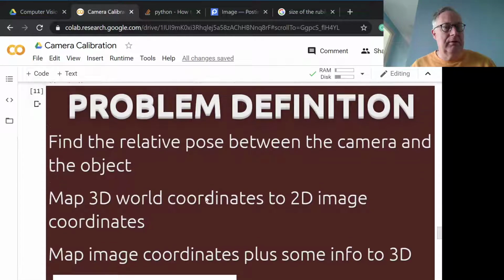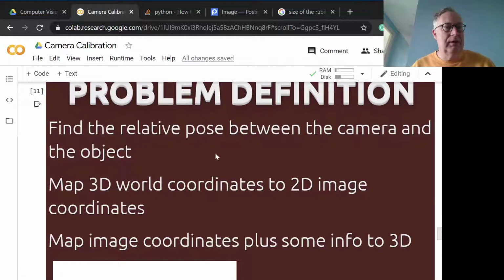The problem that we're trying to solve is an extension of what we did last class. Last class, we looked at calibration of a plane, just using homogeneous transformations without taking perspective distortion into consideration.